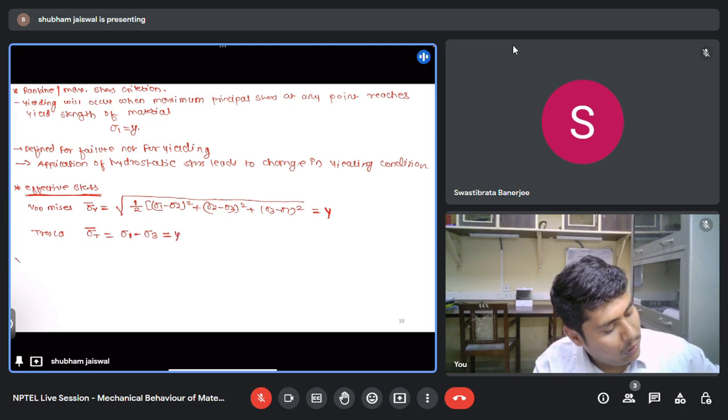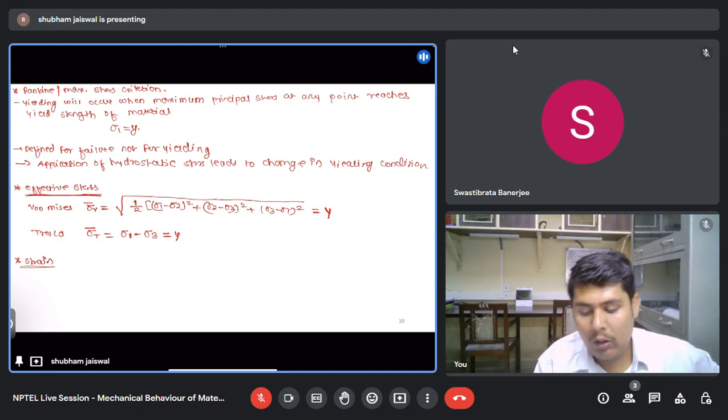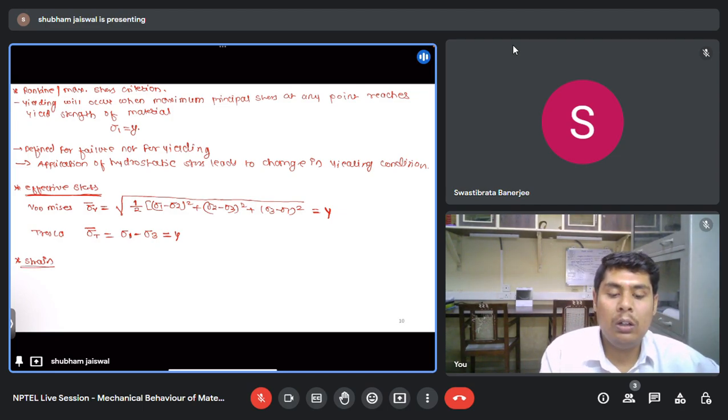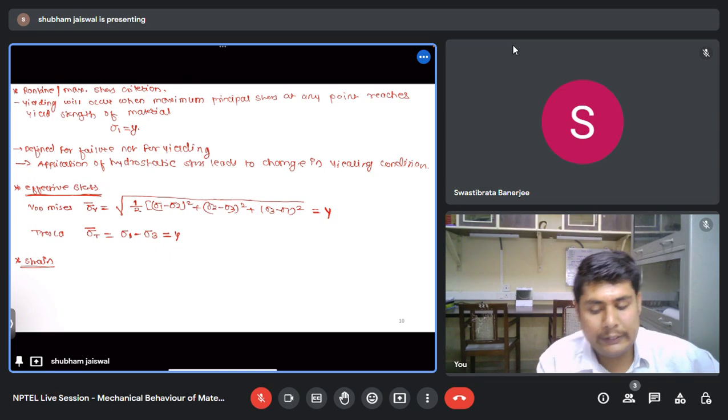And then we have seen the effective strain. And effective strain is defined on the basis that the incremental work done per unit volume is consistent.